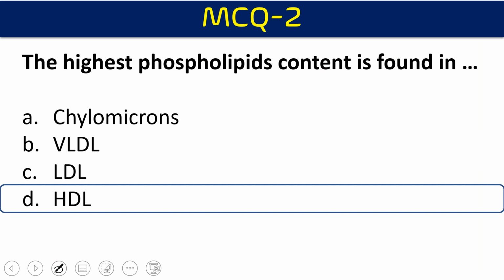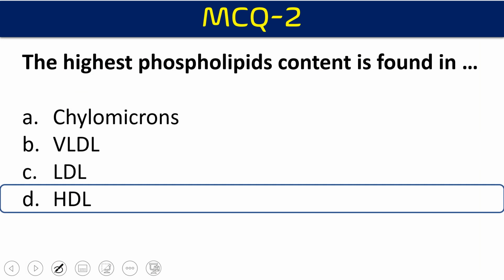Normally, chylomicron has only 8% phospholipid. Roughly, the total lipid content is more than 98%. Among this 98%, the maximum is triglyceride, phospholipid is only 8% and protein is only 2%.